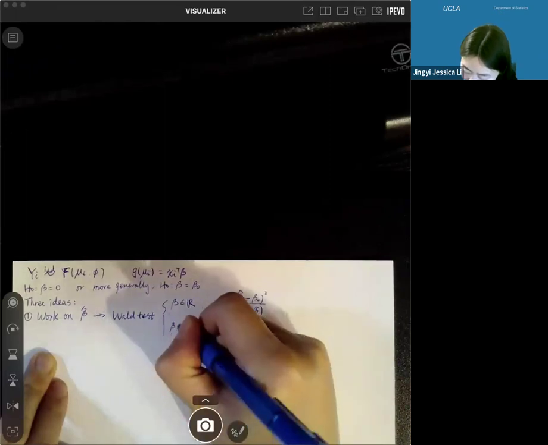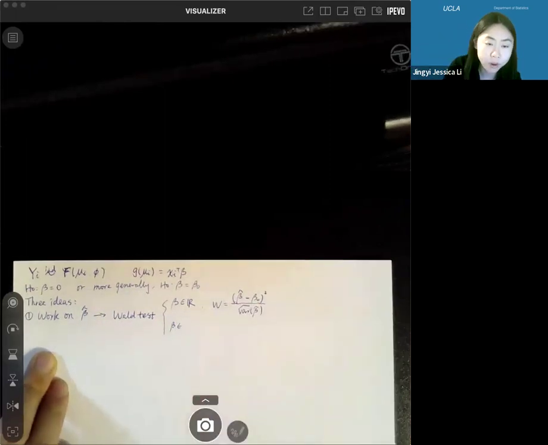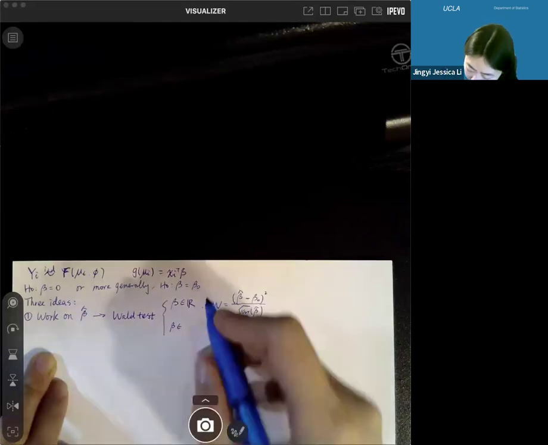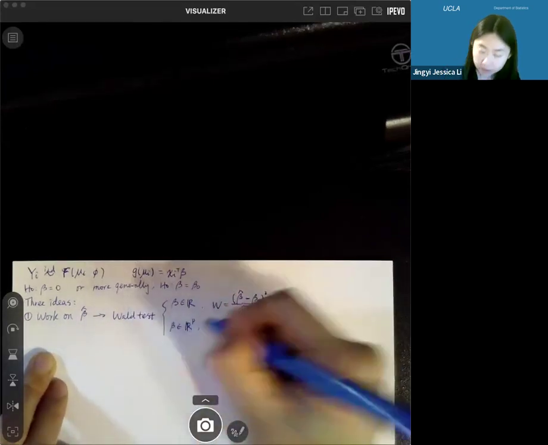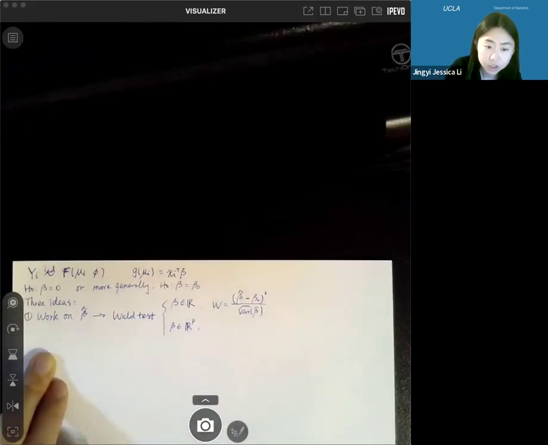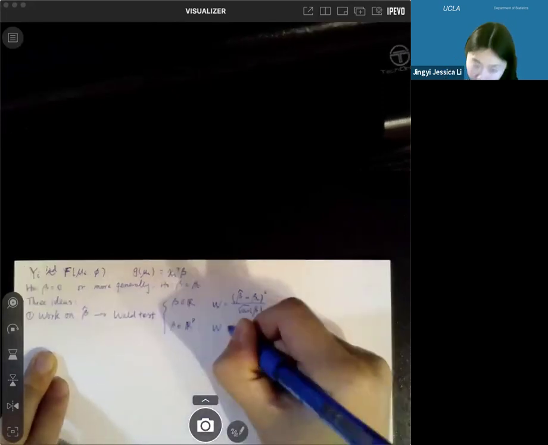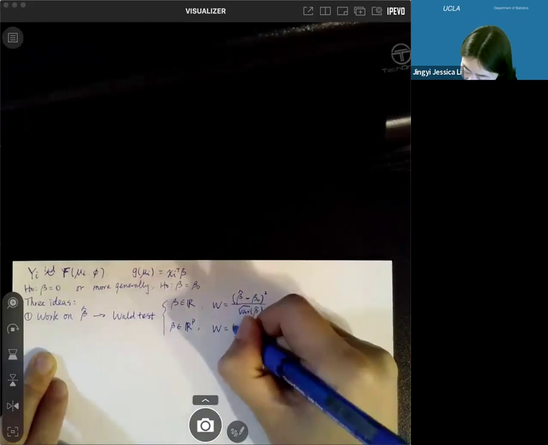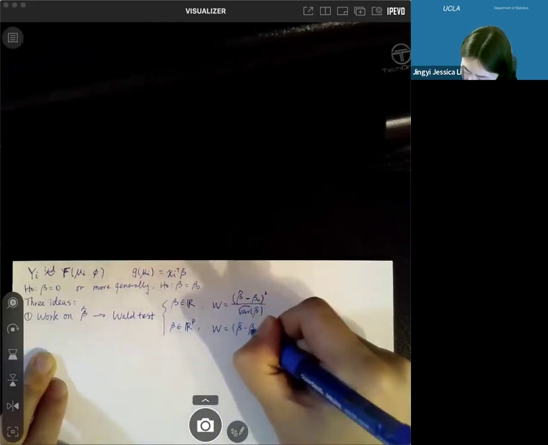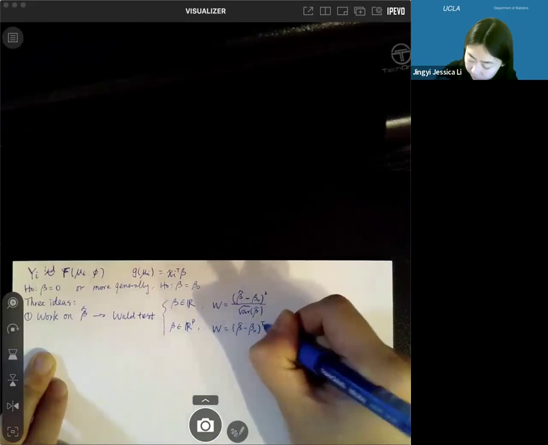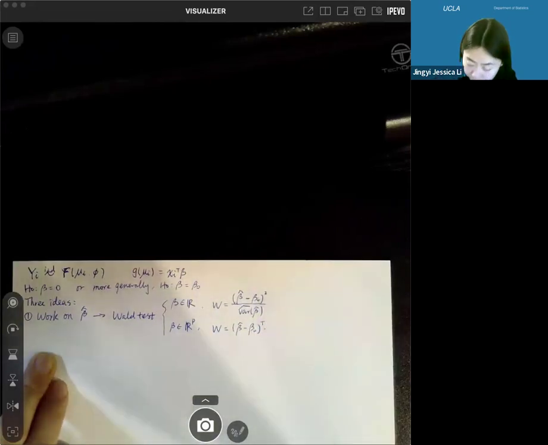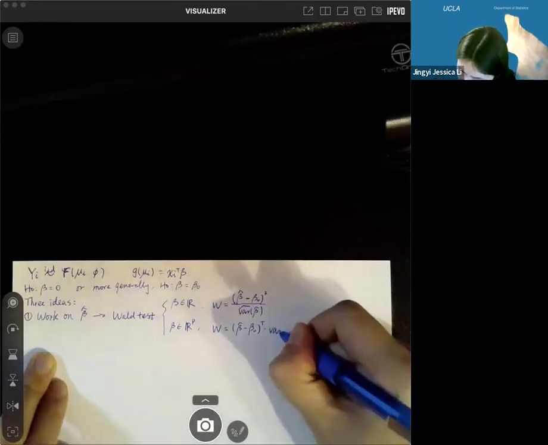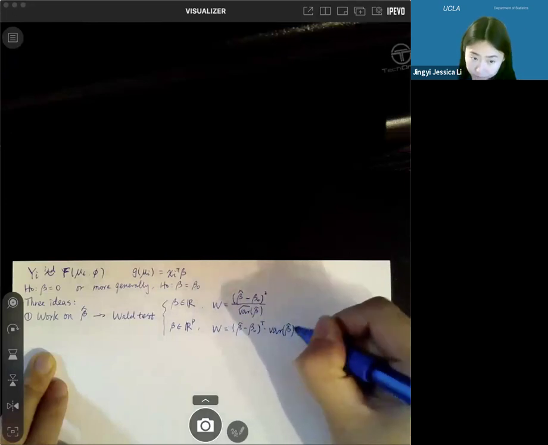But if beta is multiple parameters, a vector itself in R^p, then essentially the Wald statistic is basically this: beta hat minus beta 0 transpose times the inverse of the variance covariance matrix of beta hat.